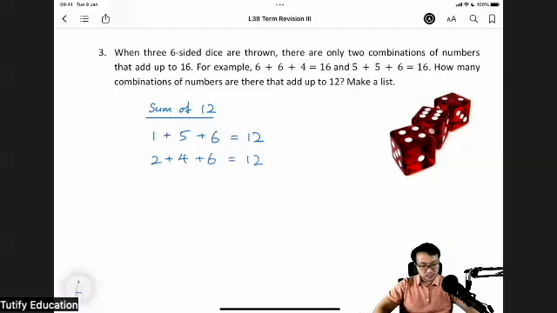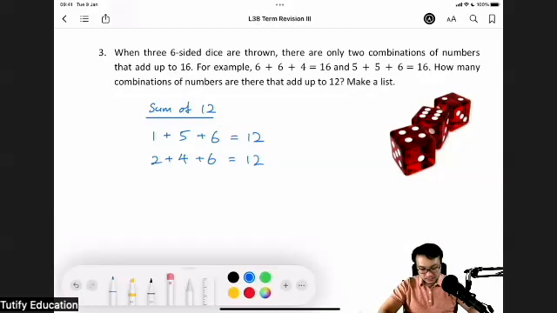That's another way we can get 12 by rolling 3 dice, right? So students, I'd like you to take some time to think about how many ways there are in total that we can roll 3 dice to get a sum total of 12. I'll give you 2 minutes to type your answer in the chat.